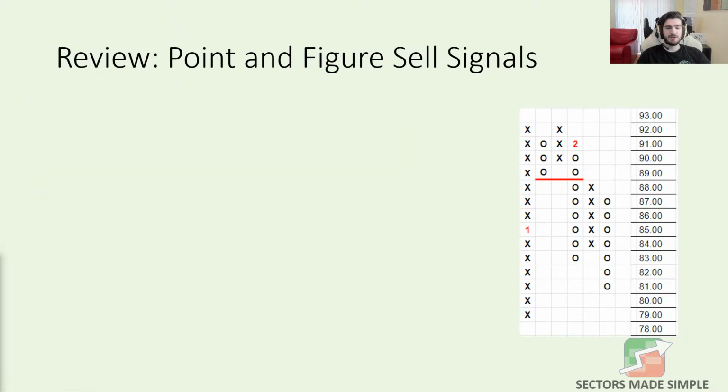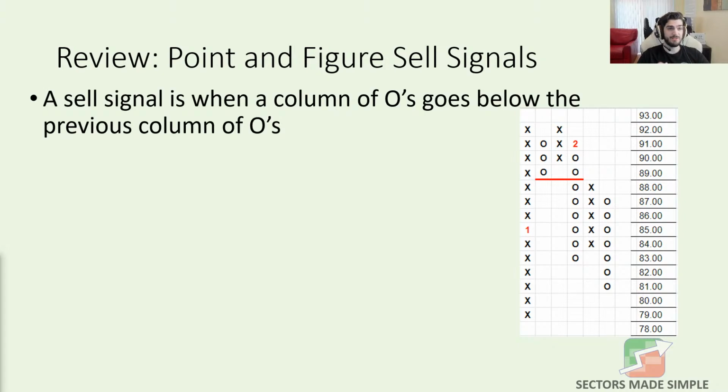Let's now talk about the other side, the sell signals. A sell signal is the opposite of a buy signal, where a sell signal is given when a column of O's goes below the previous column of O's. Let's again use this example right down here to show this in picture form.